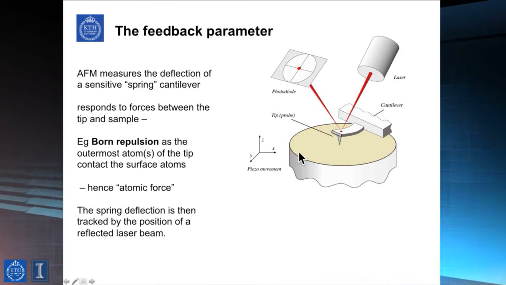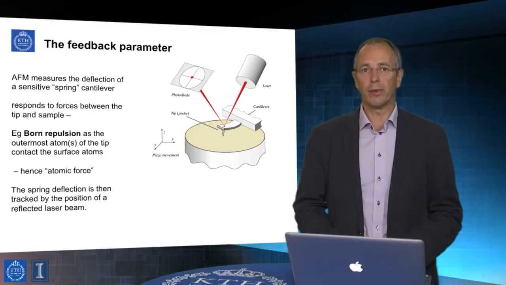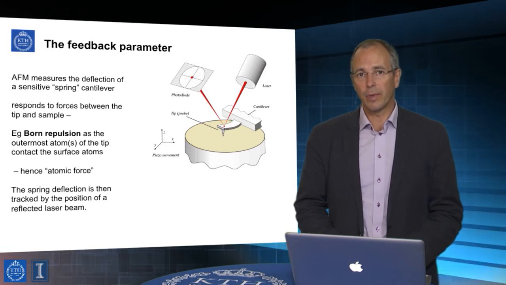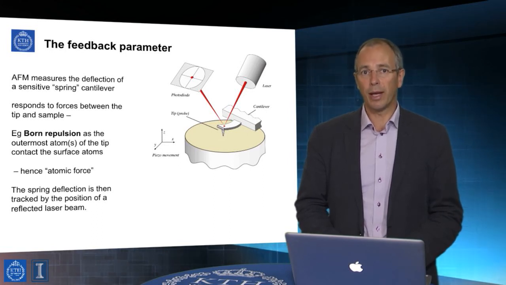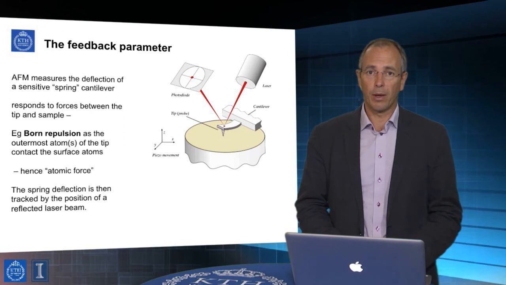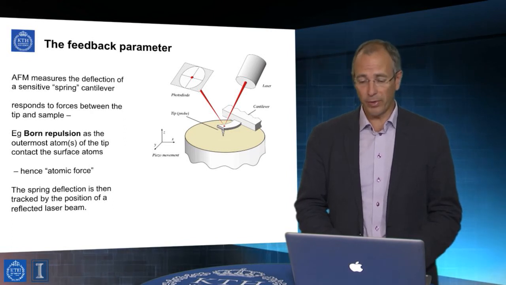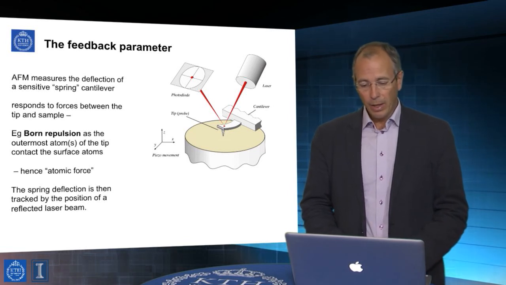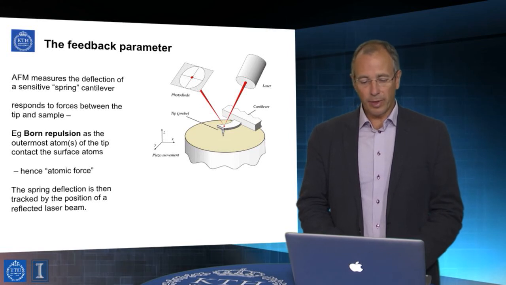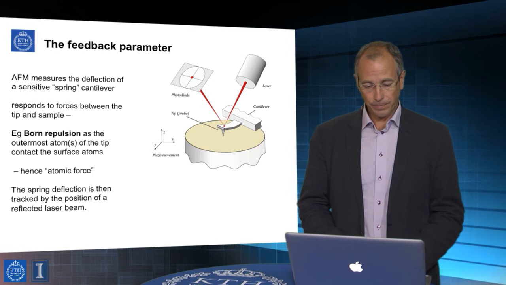And this is where we get the name atomic force microscope, because it's ideally the contact of the electron shells of the outermost atom on the tip coming into contact with the electrons on the outermost atoms on the surface, the Born repulsion. Not everyone calls it the atomic force. There's a bit of controversy about that, so a lot of people prefer scanning force microscopy.